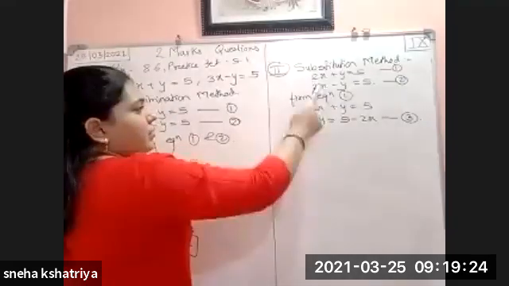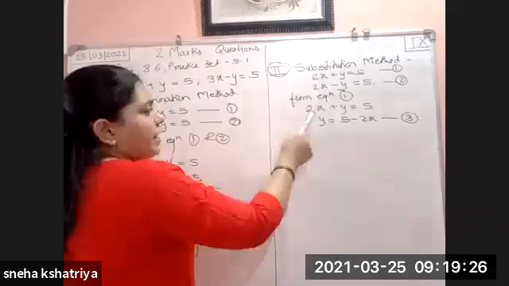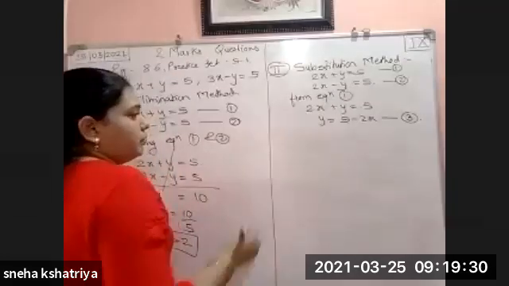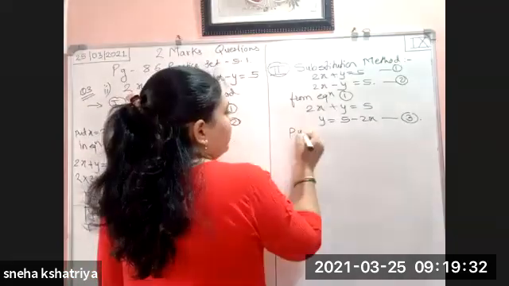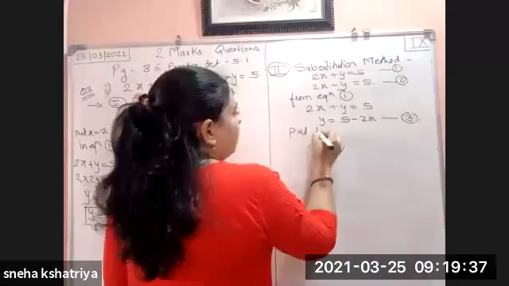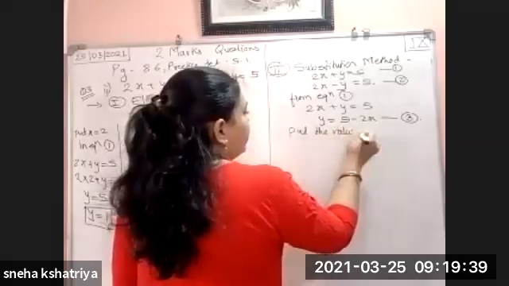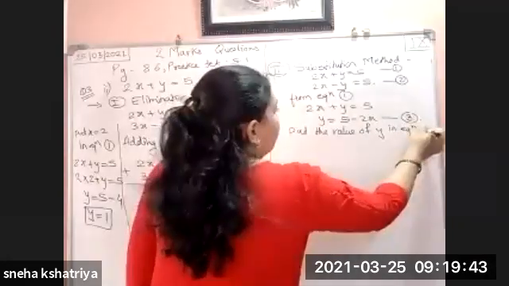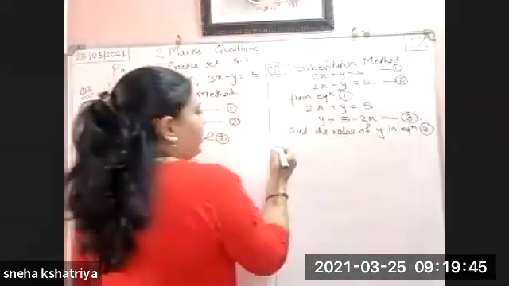The value that has come, put in equation 2. From 1 we have found the value of y. That value we have to put in equation 2. Put the value of y in equation 2.